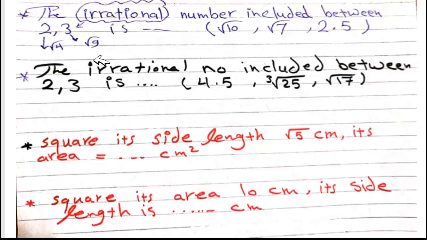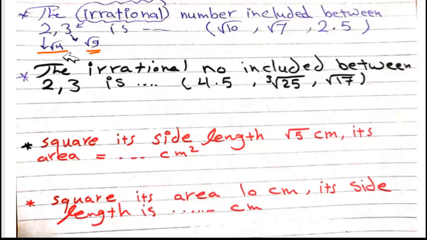The irrational number included between 2 and 3 is root 10, root 7, or 2.5. If you want to find the irrational number between two numbers, you have to find their square roots. For 2, its square root is 4, and 3 is the square root of 9, because 2 by 2 is 4 and 3 by 3 is 9.